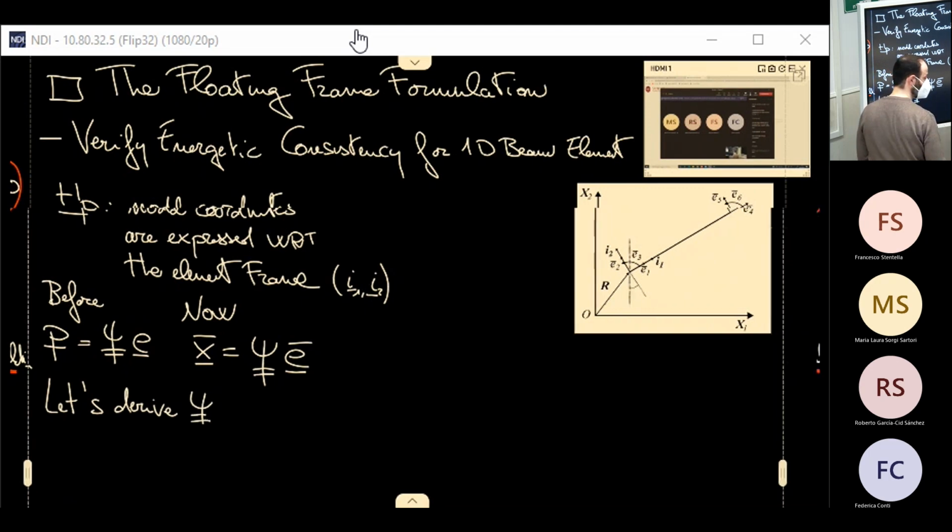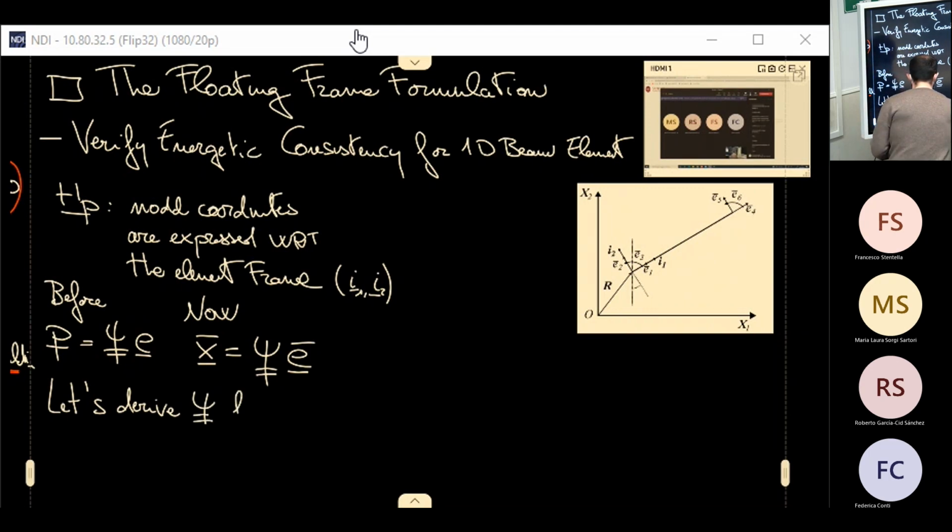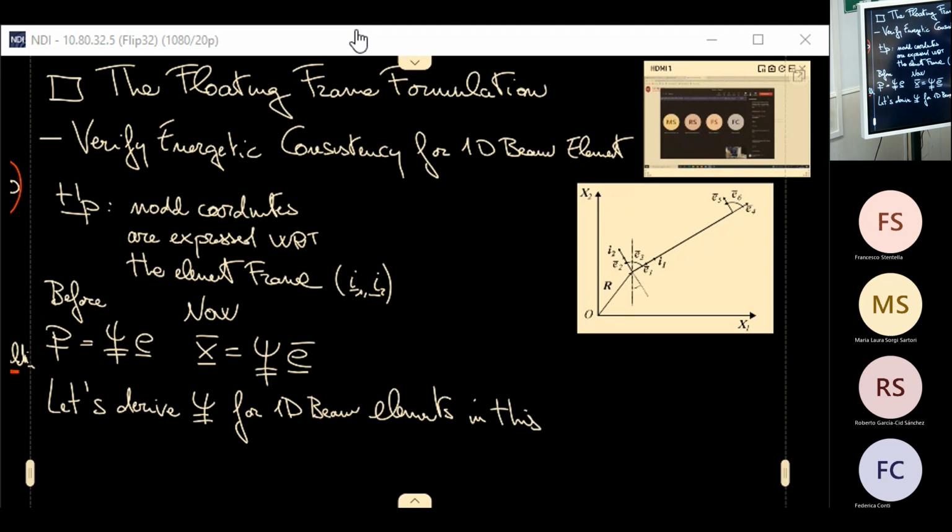Let's derive the element shape function for 1D beam element in this new formulation.